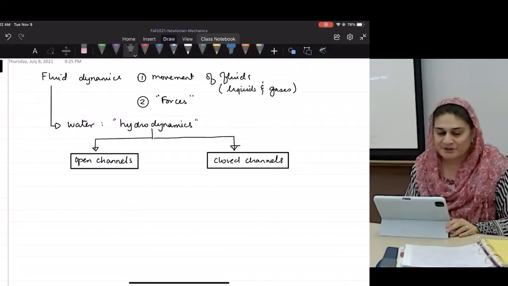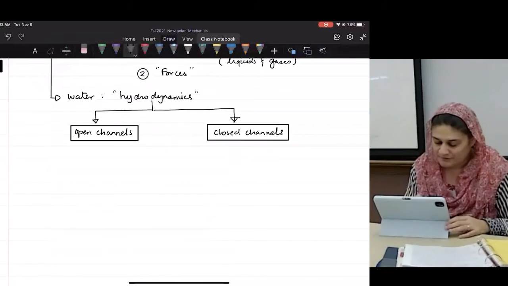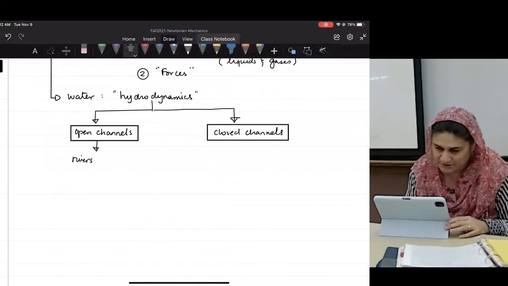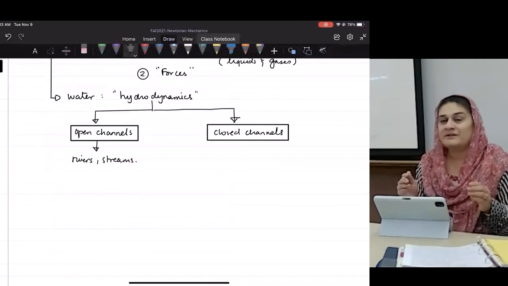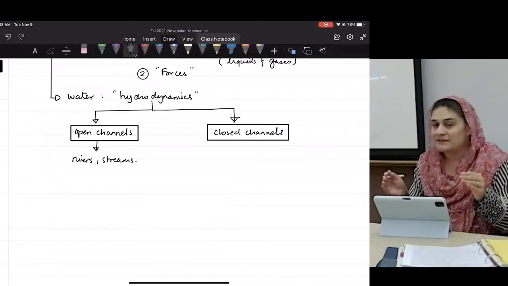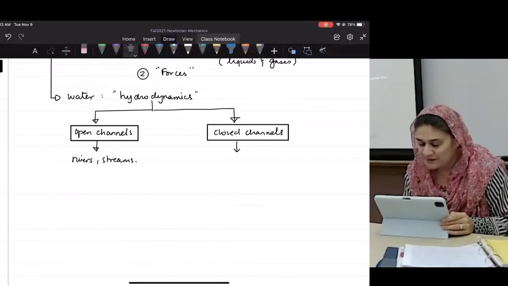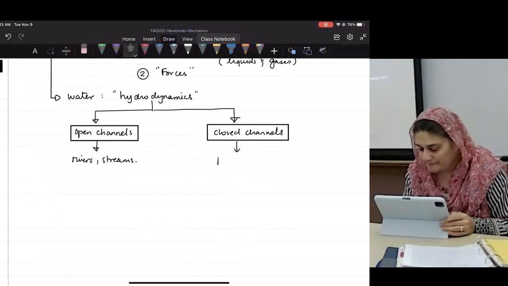Okay, so an open channel would be defined as the ones like rivers and streams, where there's not a particularly rigid boundary, whereas closed channels will be pipes.